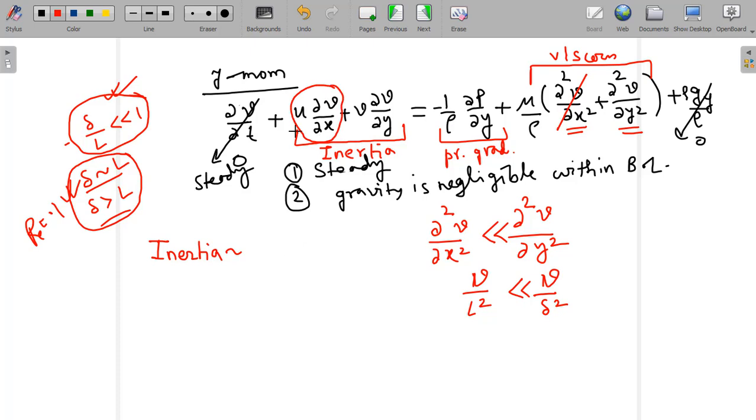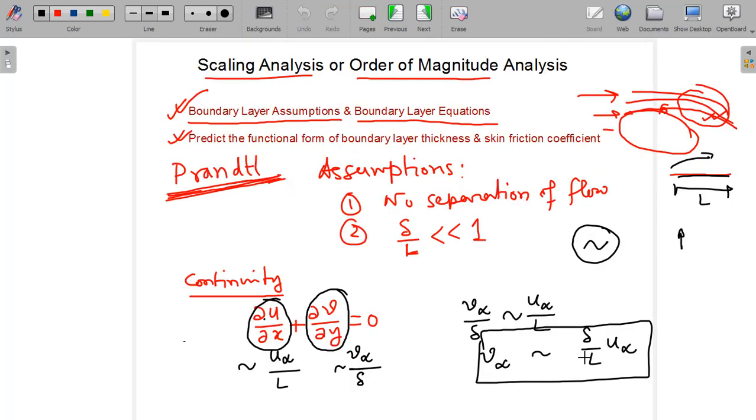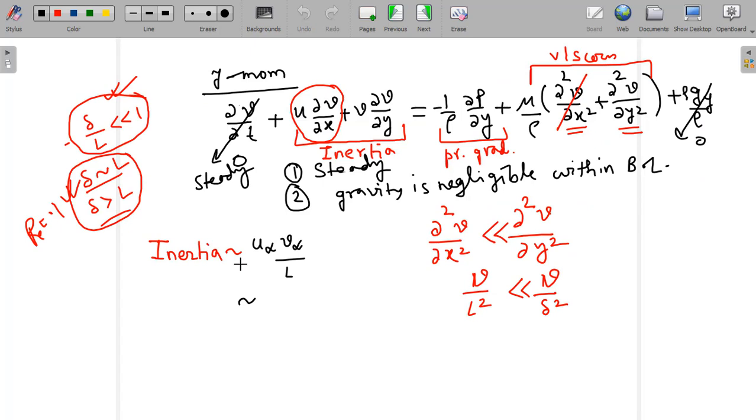The order of magnitude of u is u infinity, the order of magnitude of v is v infinity, and the order of magnitude of x is L. We already know the order of magnitude of v infinity is delta by L times u infinity.